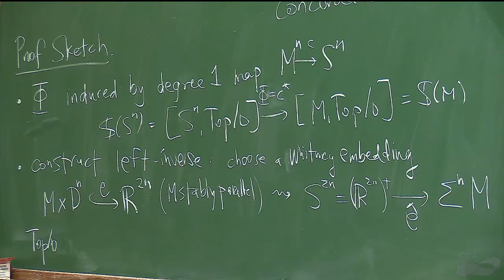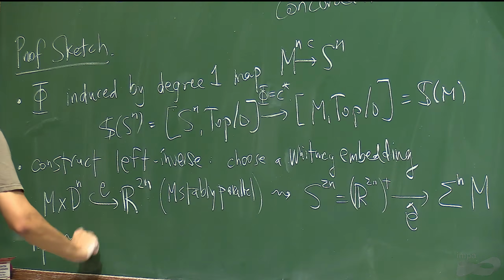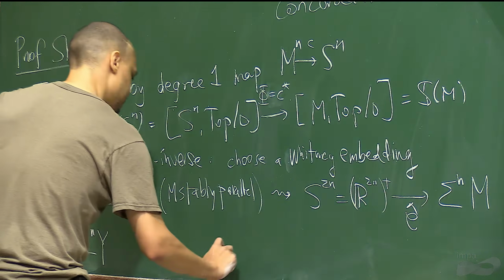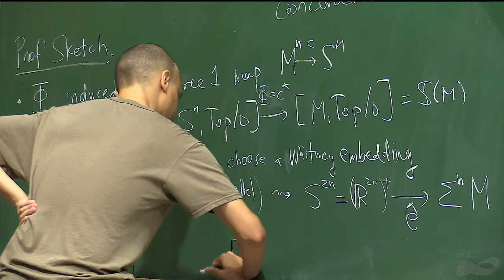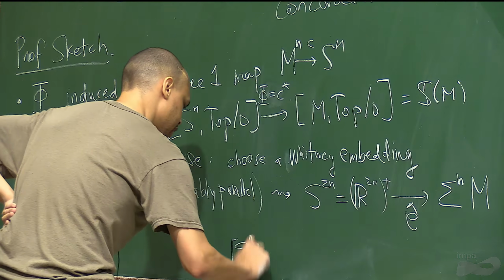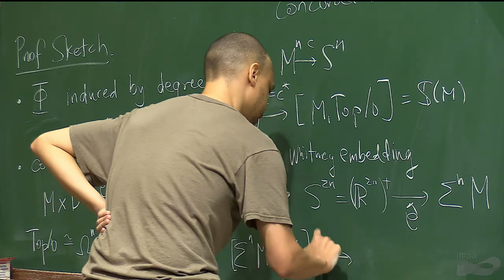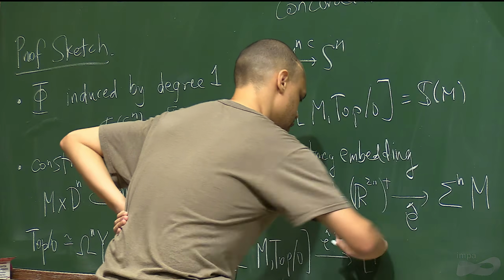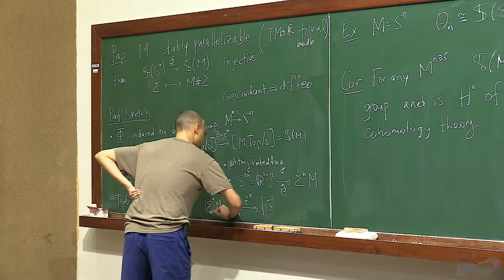First of all, Top/O is an infinite loop space. So we could write it as loops^n of some space Y. In a way, this last part is just a computation. It's not a hard computation, but let me say how it goes. Oh, I don't want Top/O, I'm going to put Y here.